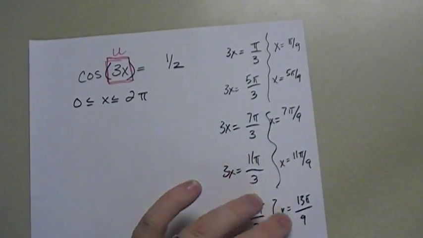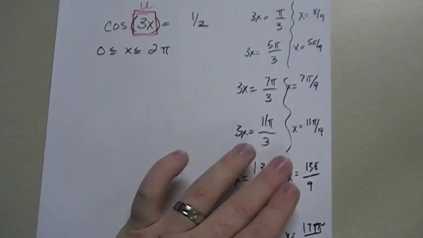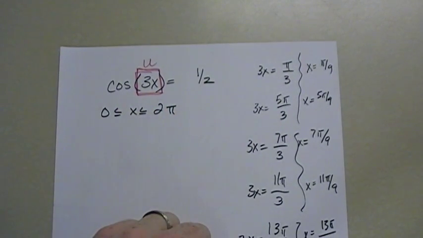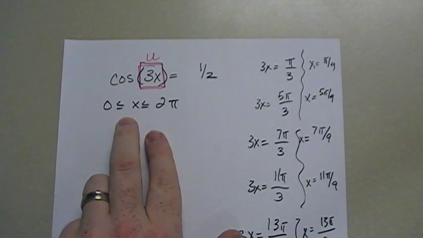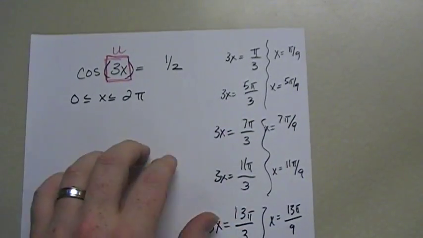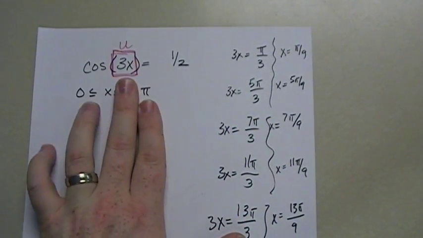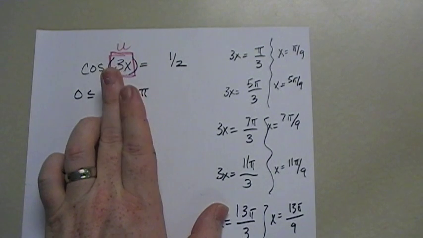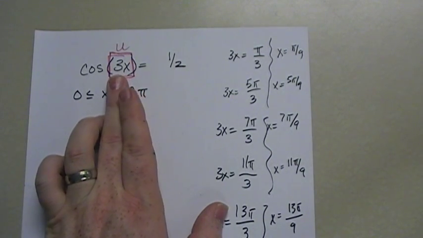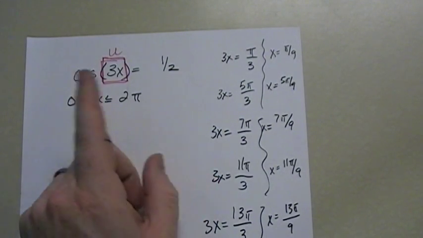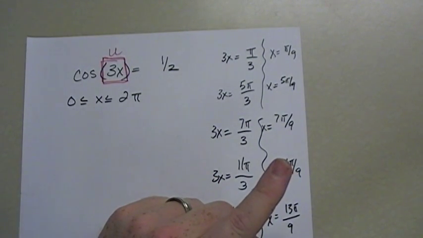But there are 6 angles you could put in where 3 times the angle, when you took the cosine, would give you 1/2 between 0 and 2 pi. Now, if you want to think about this graphically, which is sometimes nice to do, the 3 changes the period. It makes it smaller. So the period becomes 2 pi over that coefficient, 2 pi over 3. Normally, when we have 2 answers, it's because we have 1 period between 0 and 2 pi.